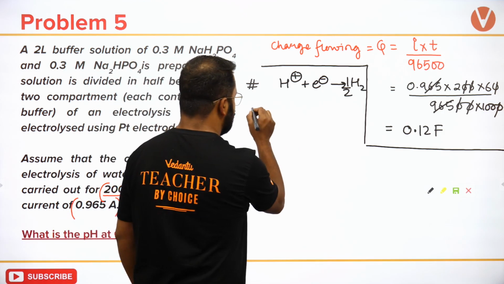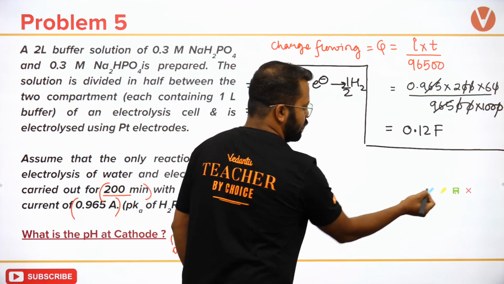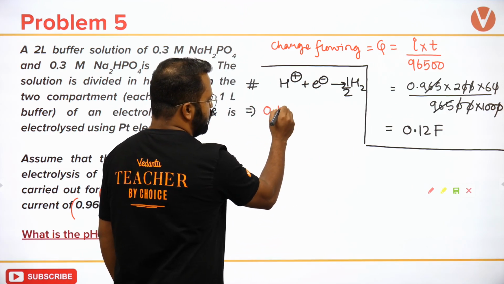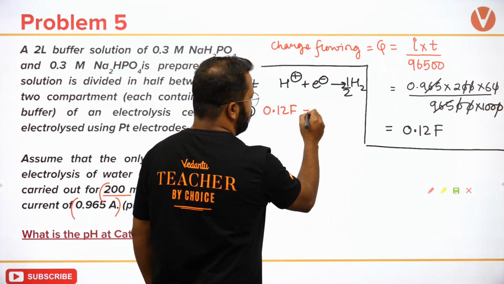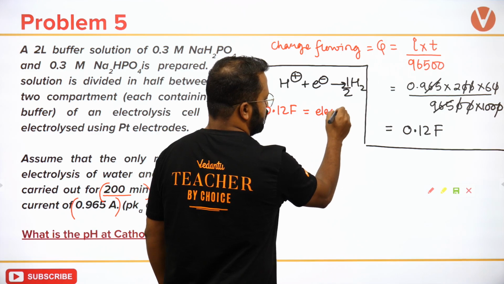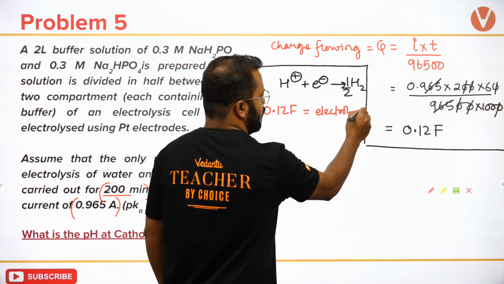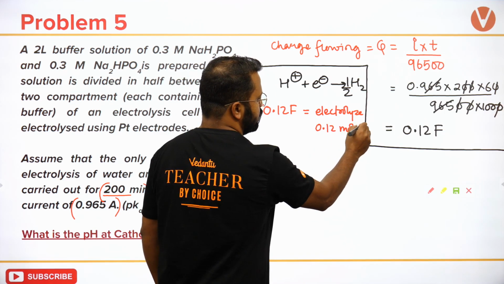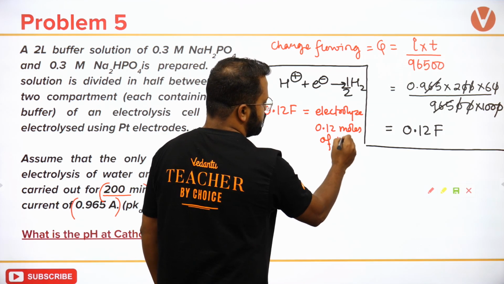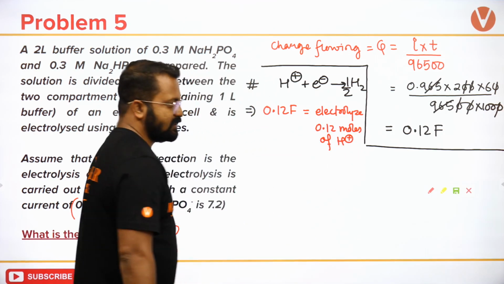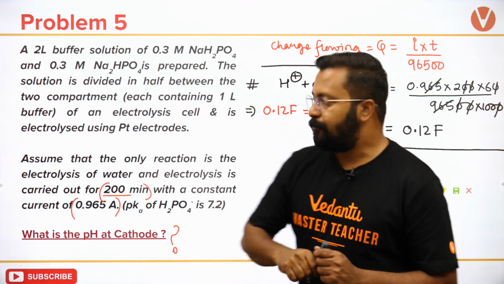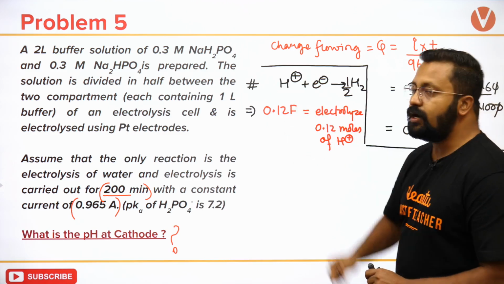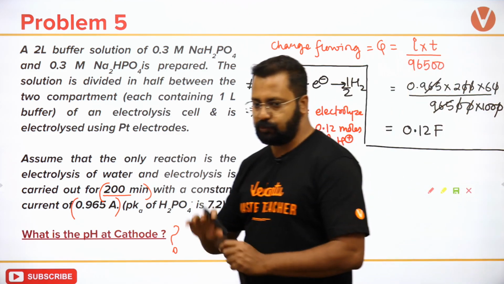So can I say that 0.12 Faraday will electrolyze 0.12 moles of H plus? Can I say this?